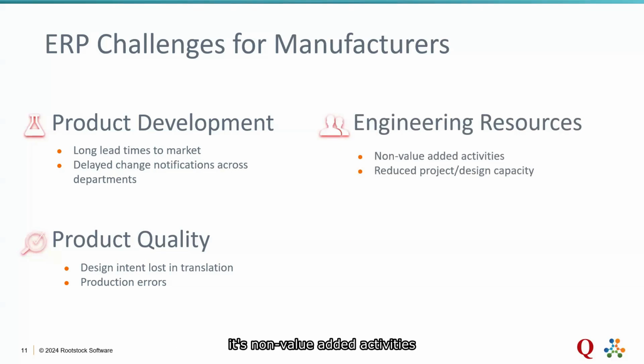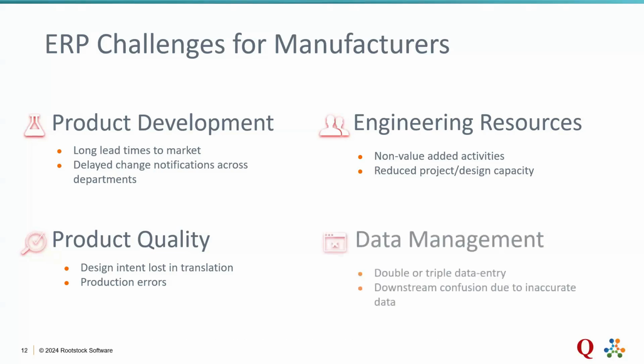It's non-value-added activity, because they're doing admin work and data entry clerk work. And this ultimately means they have reduced project capacity and design capacity. So they're spending less time on actual engineering work and more time on data entry. And spending less time on engineering work essentially means you'll get fewer products out the door, less satisfaction of your customers' needs and requests for changes and modifications, and overall lower productivity within your engineering department and the company.